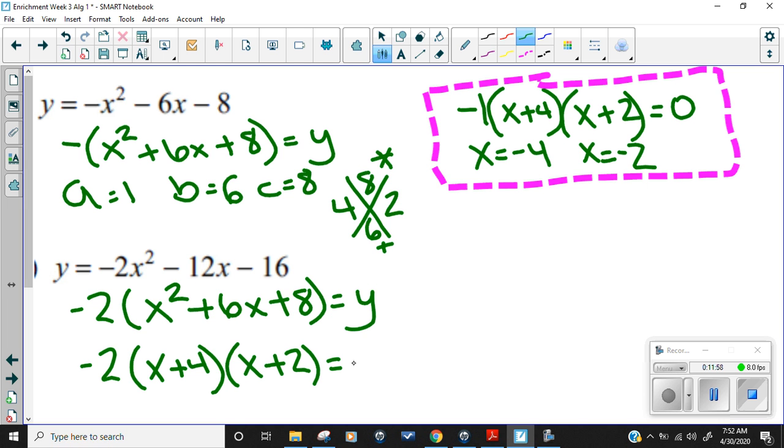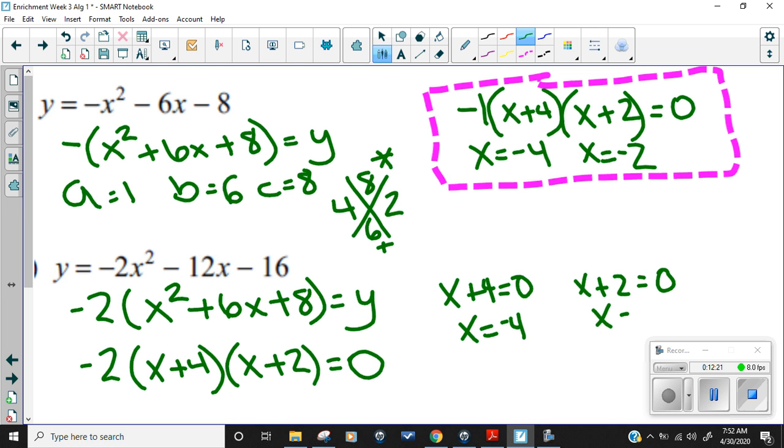So now I have this. Now, just like the last one, here are my factors. I know if I say x plus 4 equals 0, I know x is negative 4, and x plus 2 equals 0. This is something I did not do in the last one. I just did the opposites, which is fine, as long as that factor equals 0, that parentheses.